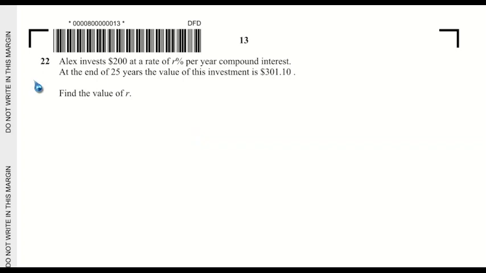The formula is A equals P times (1 plus R over N) to the power of NT, where A is the new amount, P is the principal, the starting amount, R is the rate, N is the number of times the interest is paid in a year, and T is the time taken.